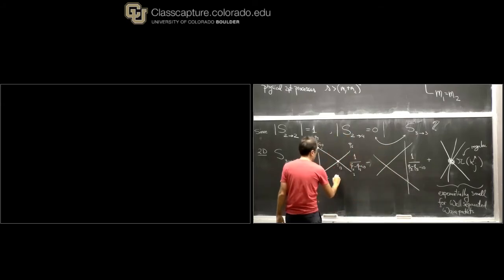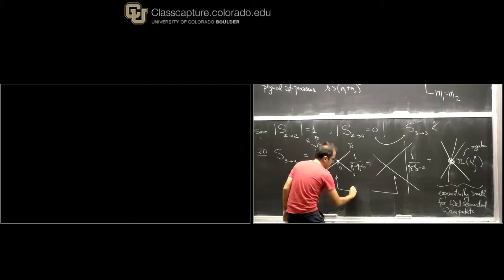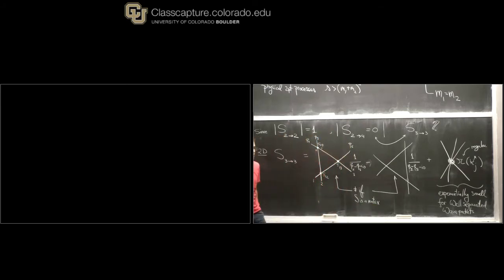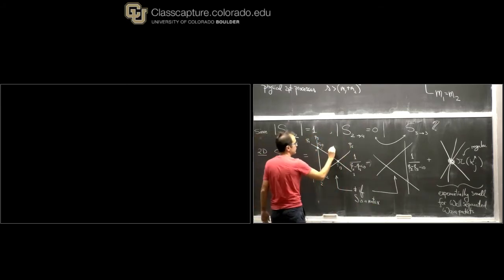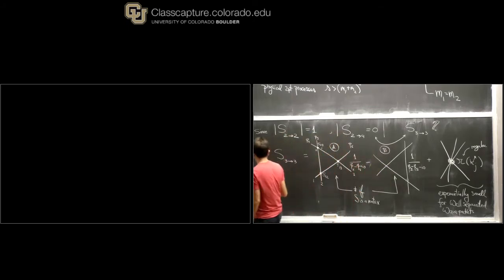So these two terms are different if S is a matrix, generically. But sometimes, if we call this term A and this term B, A equals B. That will happen whenever it's a function, but also when it's a matrix sometimes.